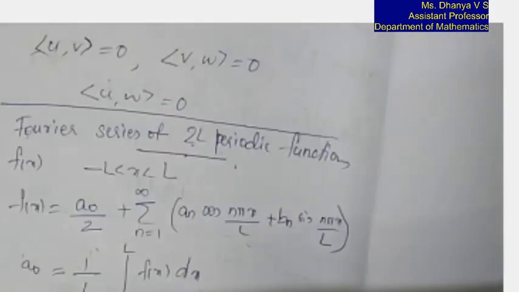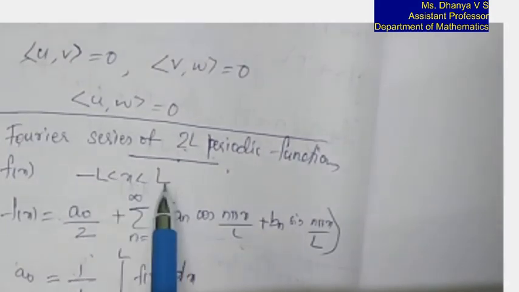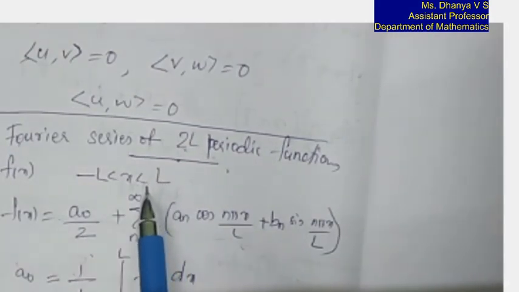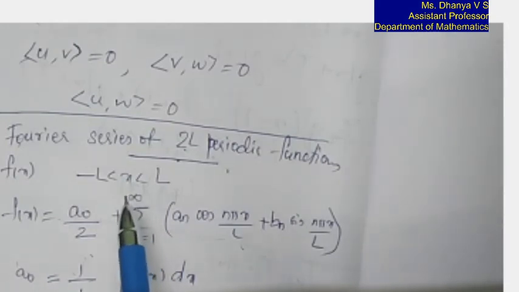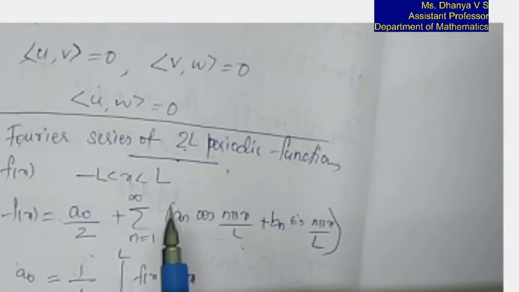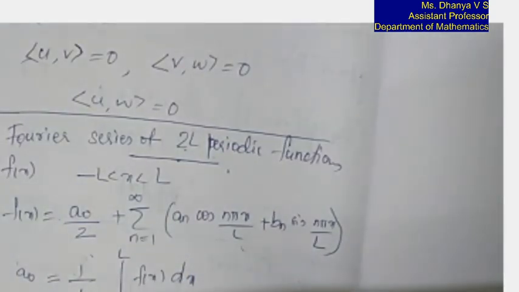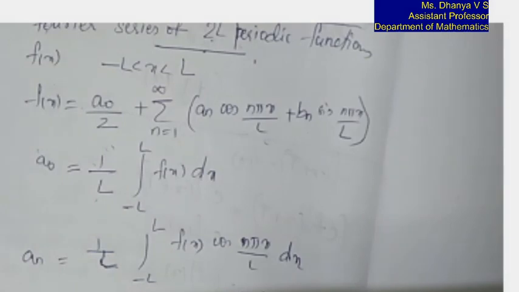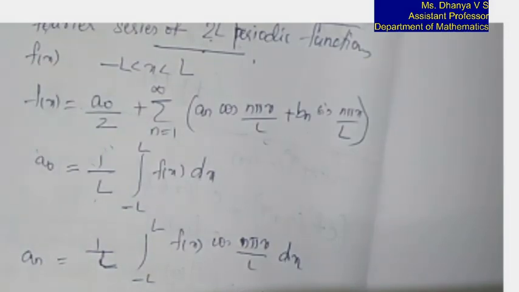Initially it's defined in the interval -L to L. The formula varies if it's defined from 0 to 12, and we have a slight difference of formula. We have particular cases like L equal to pi, for which we substitute and simplify. But this is the main formula you have to study; all other things you can substitute and simplify. So be thorough with the formula.